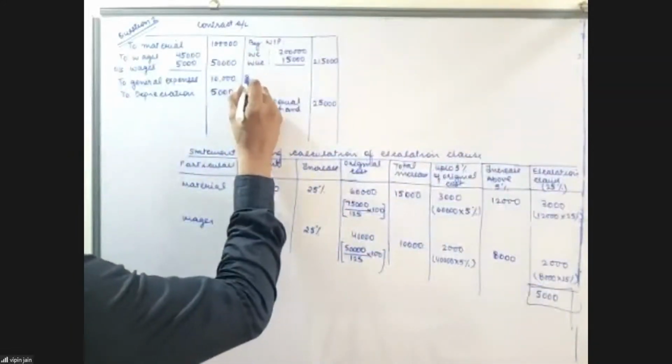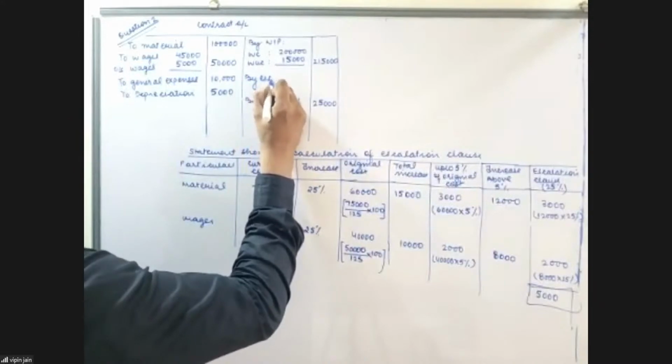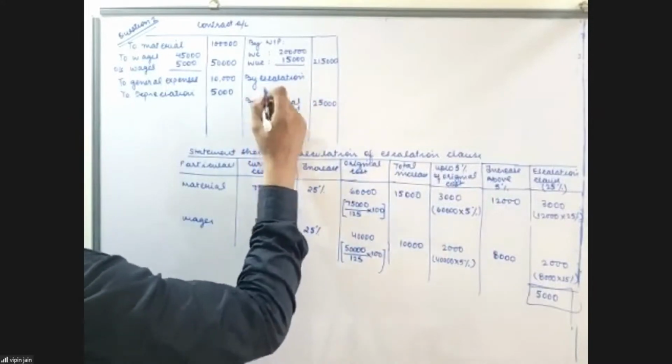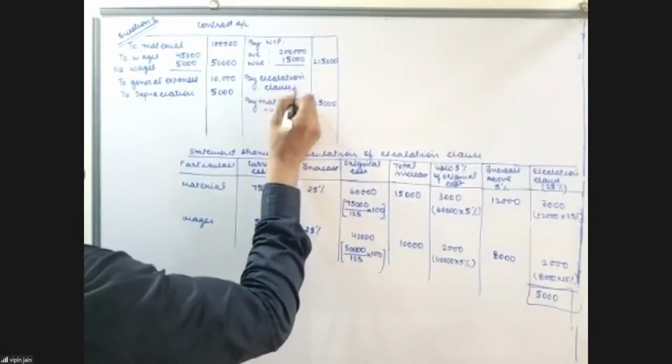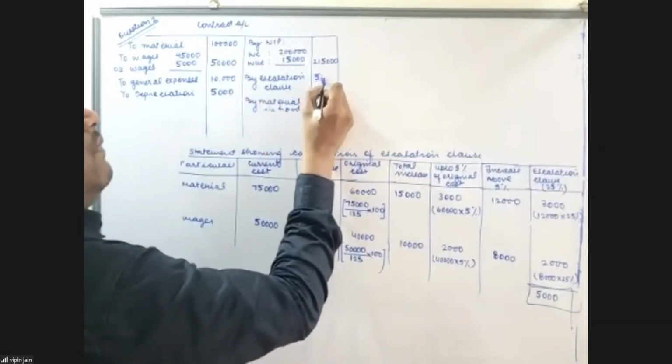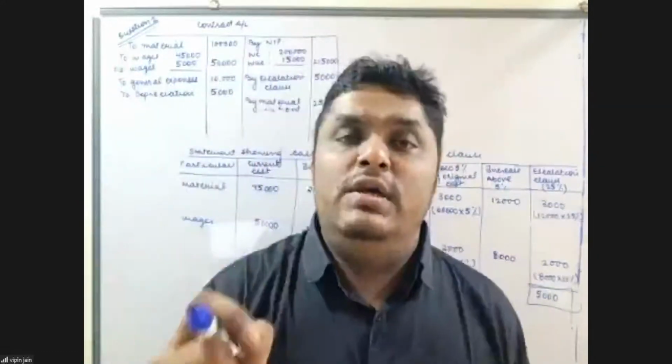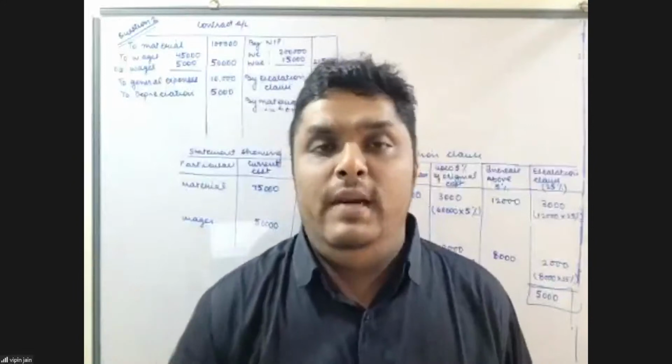So we have to write it as escalation clause. Alternatively, you can add the escalation clause amount, that is 5,000, in work in progress also.